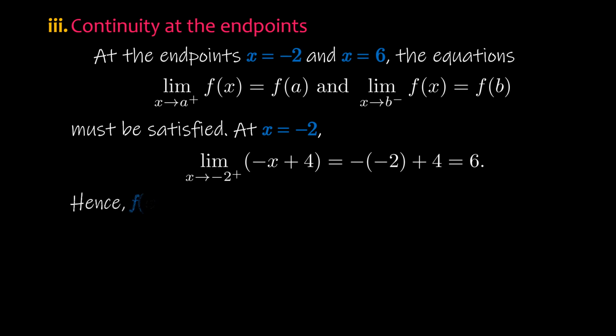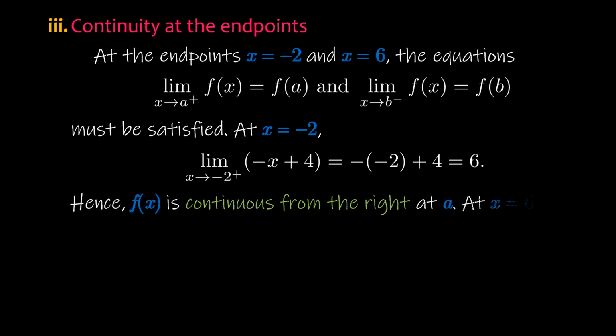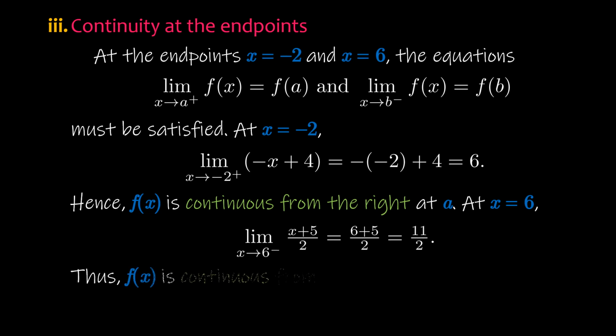Hence, f of x is continuous from the right at a. At x equals 6, the limit of x plus 5 all over 2, as x approaches 6 from the left, is equal to 11 over 2. Thus, f of x is continuous from the left at b.